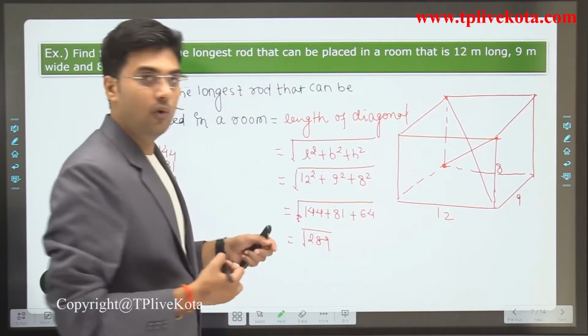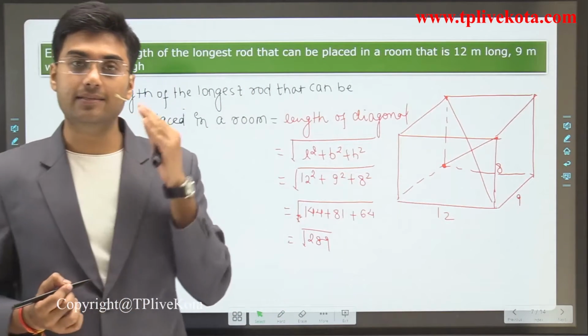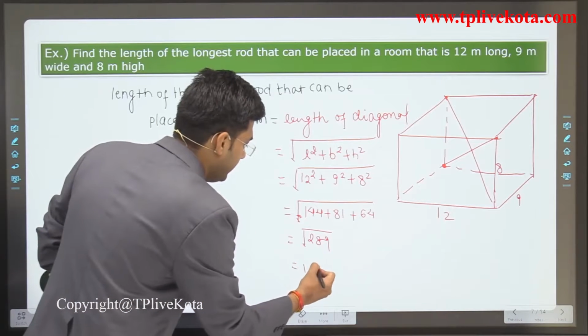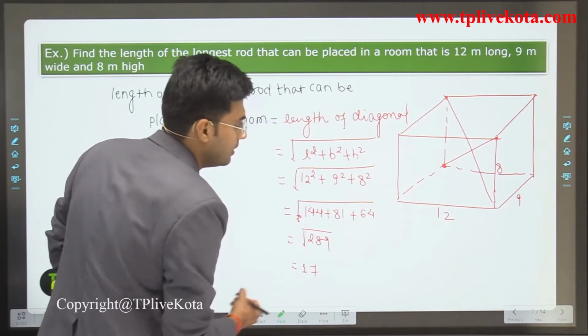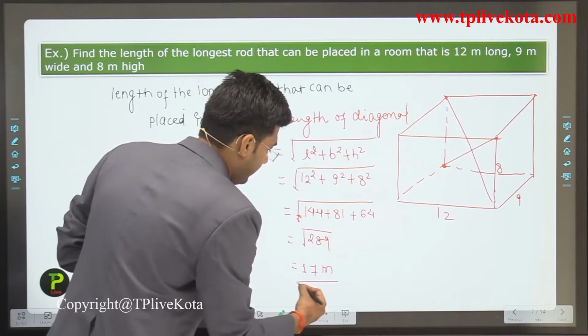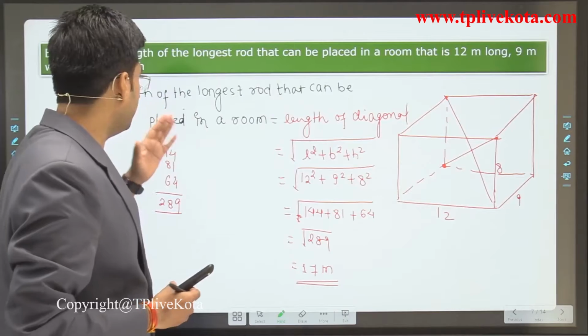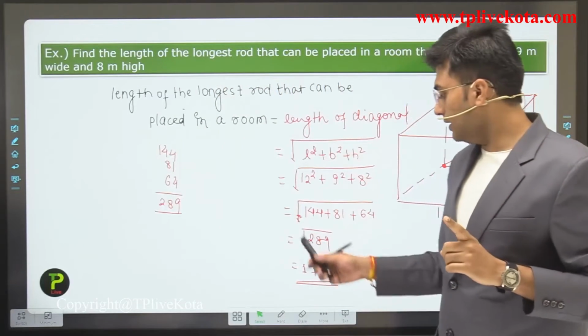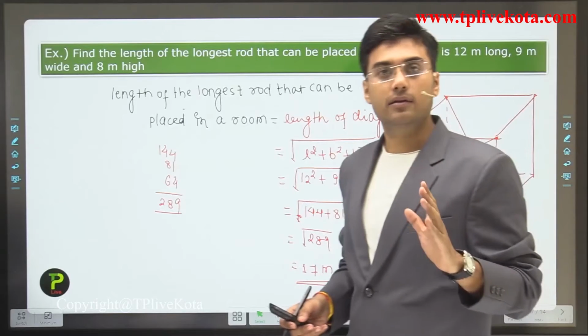Clear? Now the square root of 289 is nothing but 17, and the unit of this length is meter. This is 17 meter. So the length of the longest rod that can be placed in this room is 17 meter. Clear?